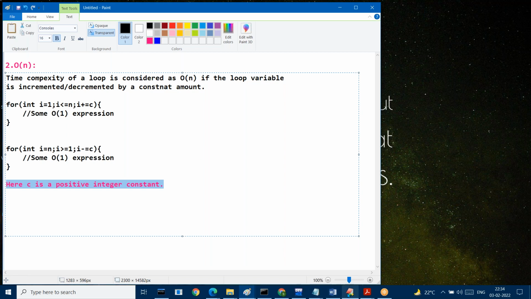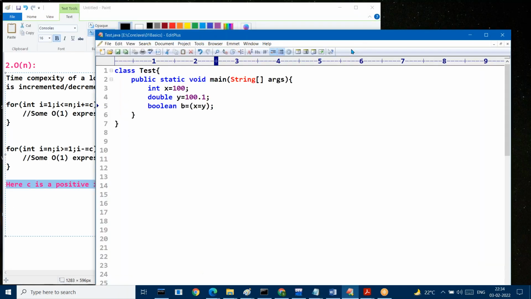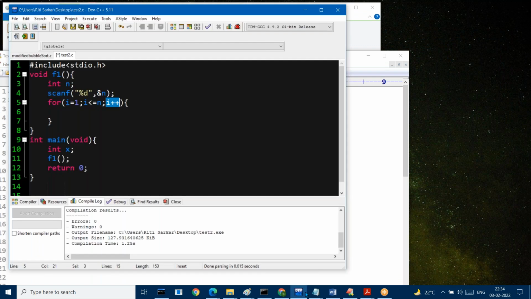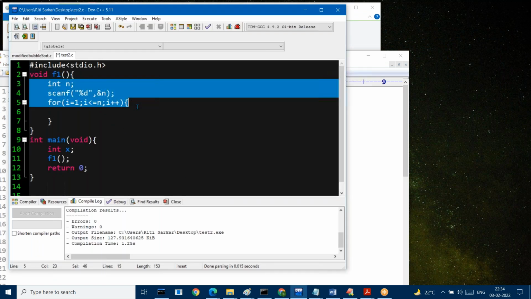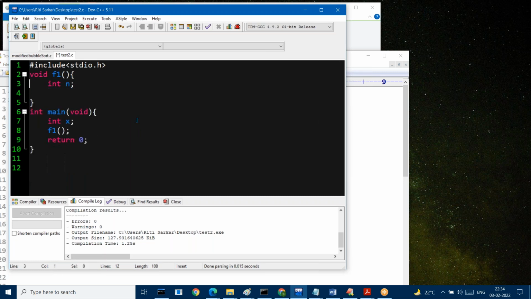It's simple. Now, about non-constant time functions: guys, I'm explaining the previous point because someone is asking, sir, what about that non-constant function?